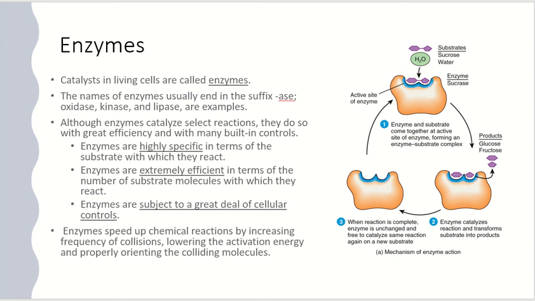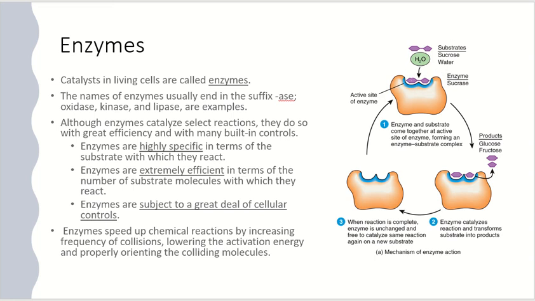So the three main things that you need to remember about an enzyme: first, enzymes are highly specific in terms of the substrate with which they will react. If the substrate ain't right, it ain't happening. That substrate has to fit that enzyme perfectly, otherwise that reaction is not going to occur.